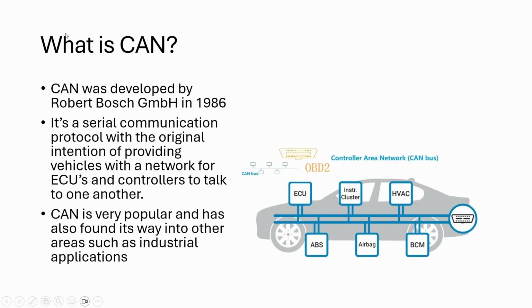So with that said, I'd like to transfer to the next question: what is CAN? Our CyberCAN project uses CAN, and CAN was developed in 1986 by the Robert Bosch Company.